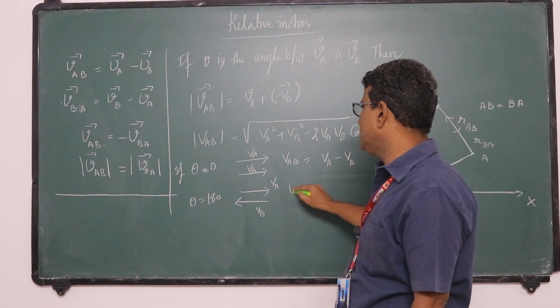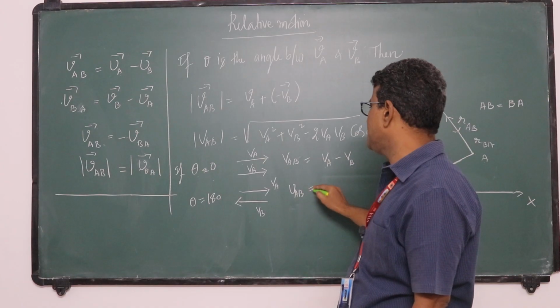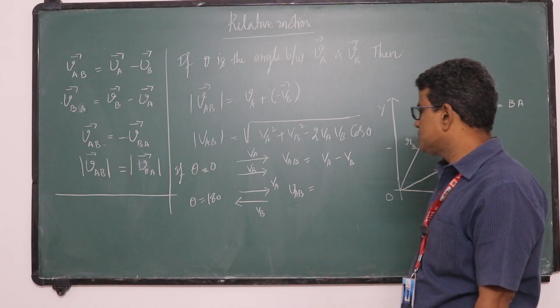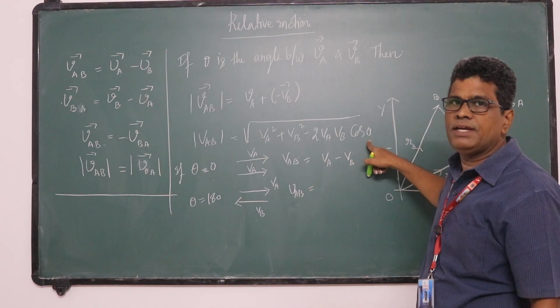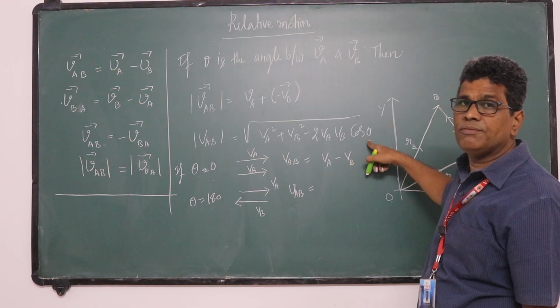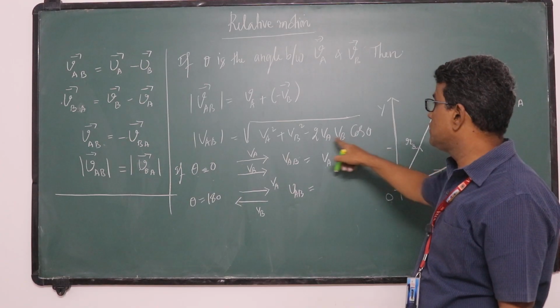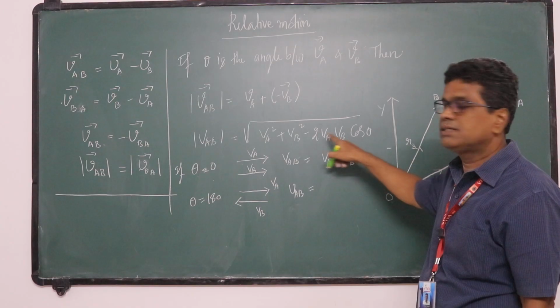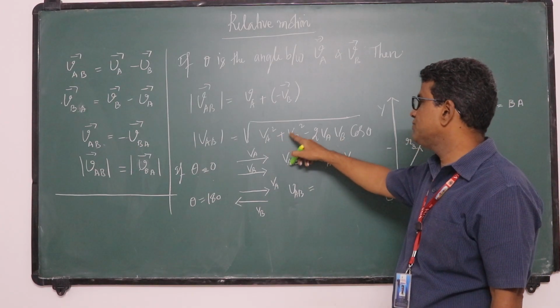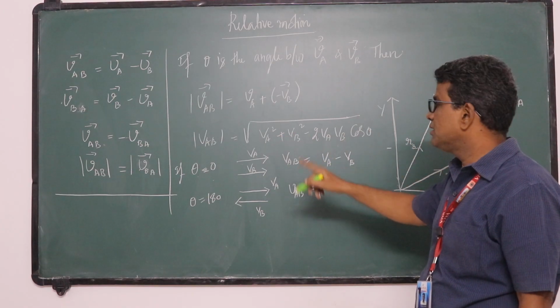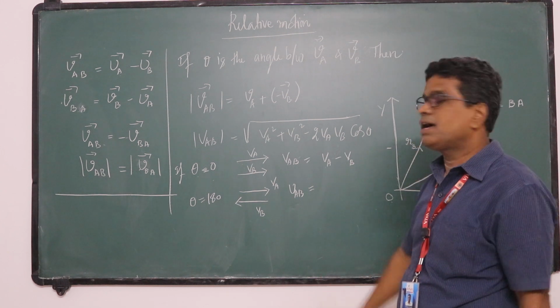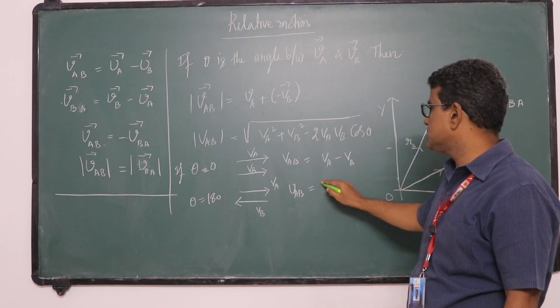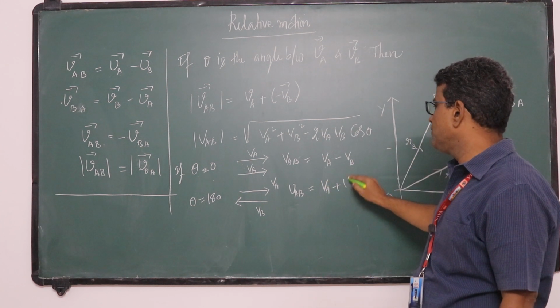Then what is the velocity of A with respect to B? You substitute theta equal to 180 here. Cos 180 becomes minus 1, so minus of minus is plus. So you will get VA square plus VB square plus 2 VA VB, that is VA plus VB whole square. The square root will get cancelled, so you will get VA plus VB.